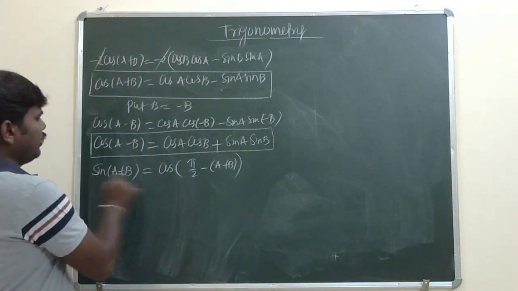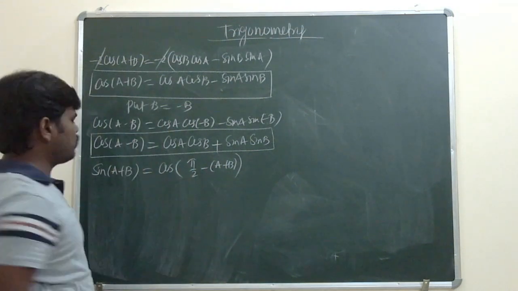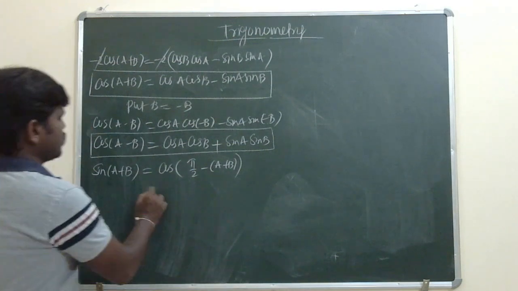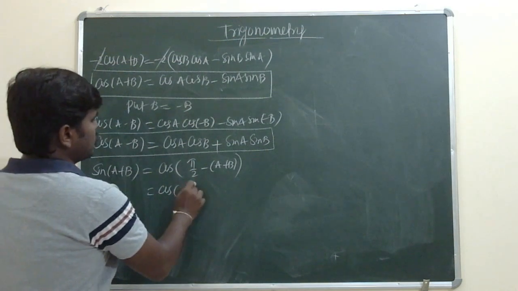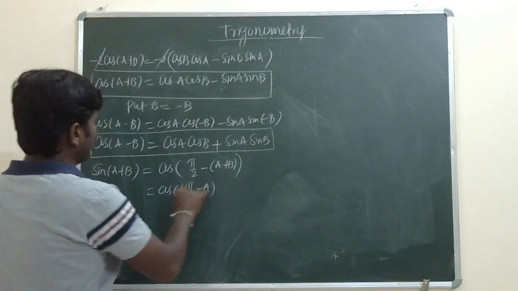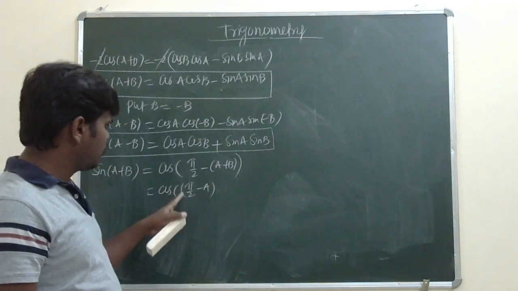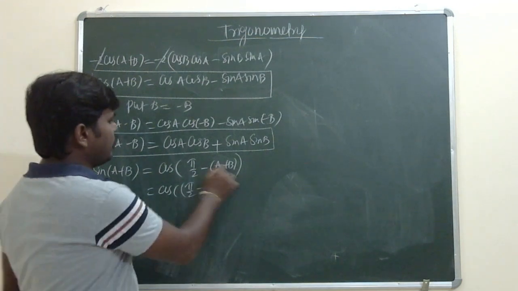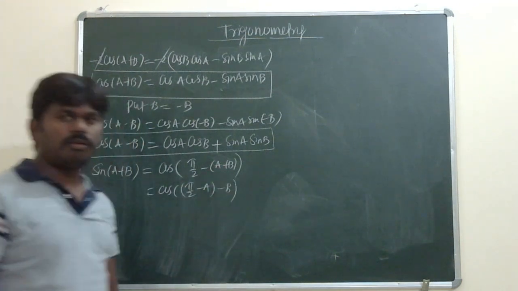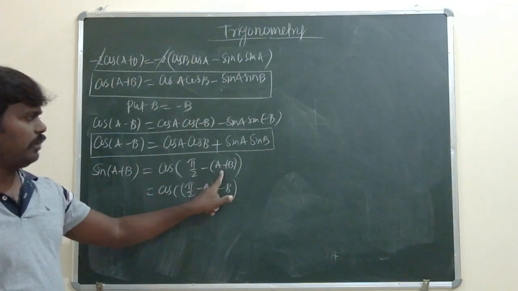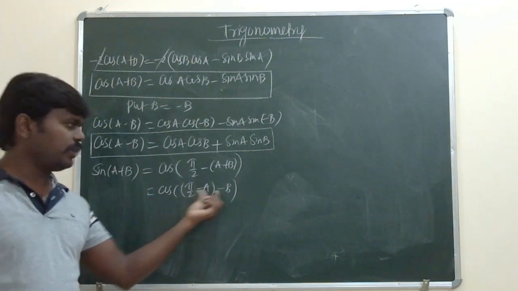So here I write cos of (π/2 − a) and then minus b, just multiplying the minus sign, writing this as one term and this as another term.